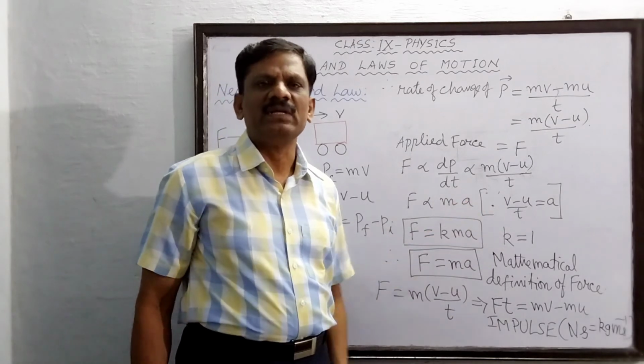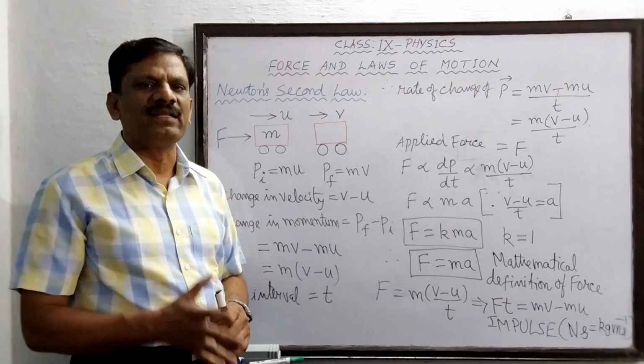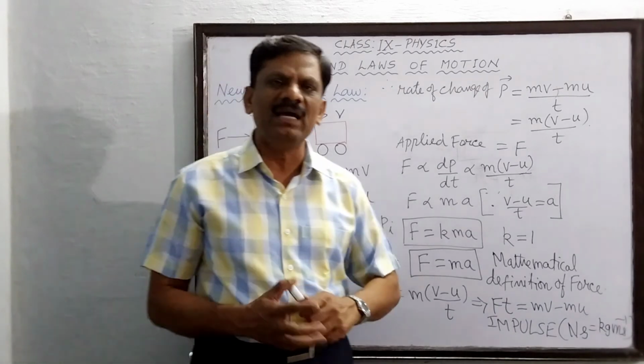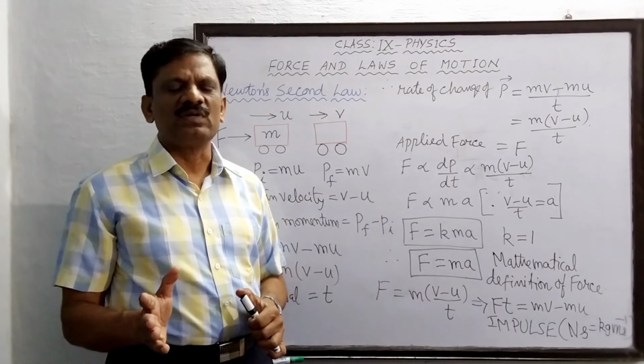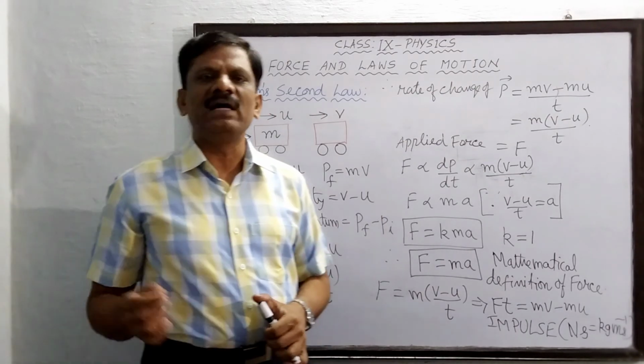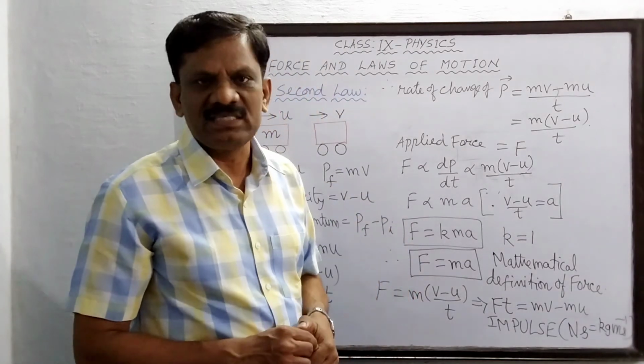Hence from Newton's second law of motion we have proved mathematically that the force acting on the body is the product of its mass and acceleration. So the first law defines force and the second law gives the mathematical definition of force. Have you all understood? We are going to the next, Newton's third law.